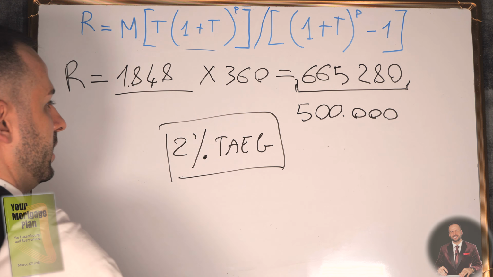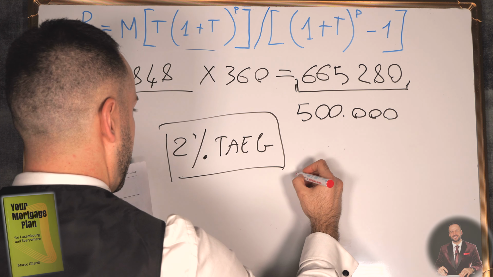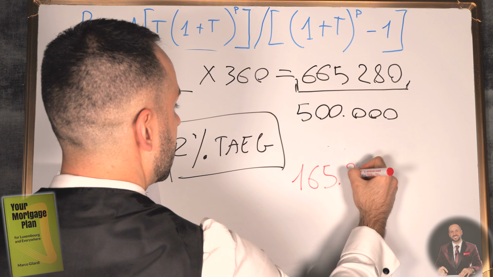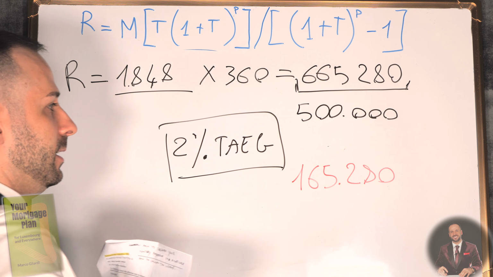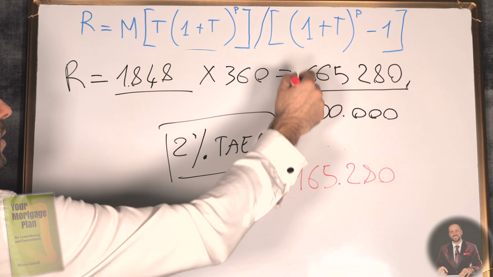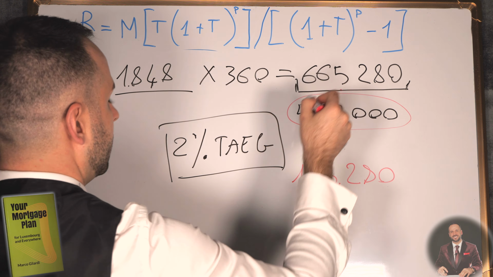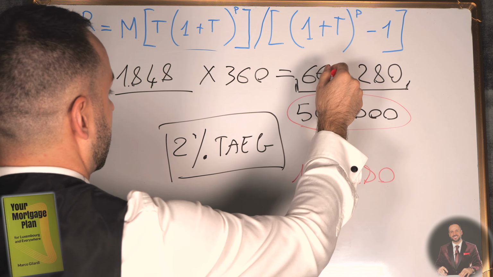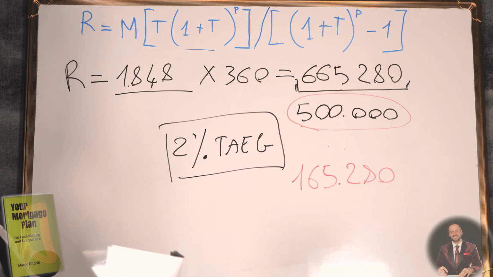I want to put it with these red pens, because it's negative for us. 165,280, 165,000 and something. That's the difference between our request and the final amount, which includes the interest. The total one is here and is 165,280 euro. I hope you like this explanation.